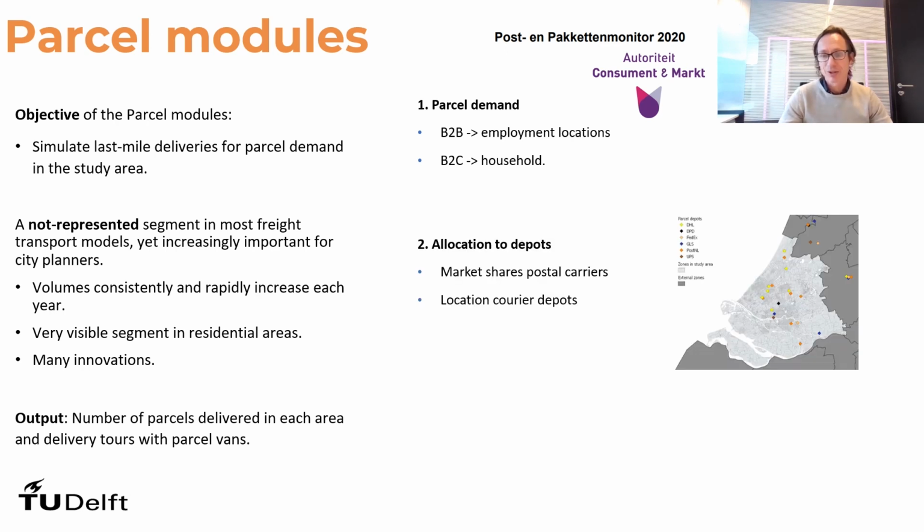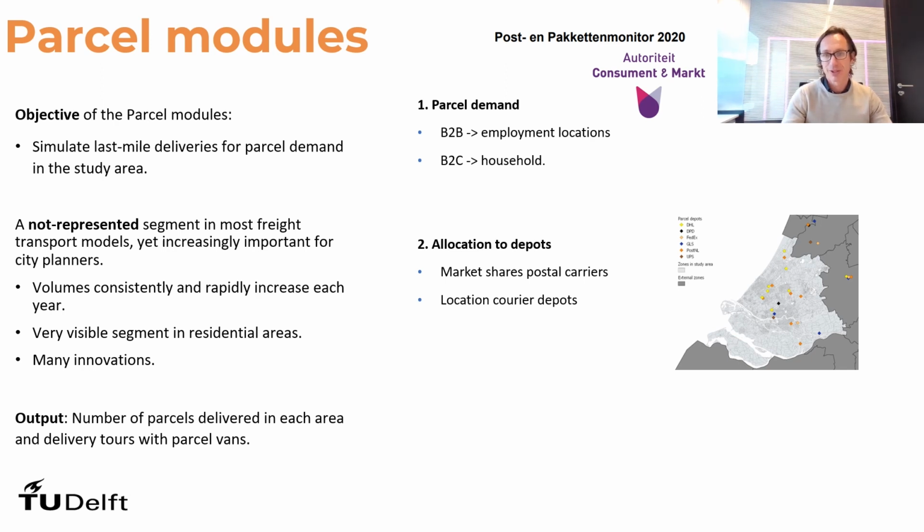Second part: for each parcel we have to assume by which carrier it will be delivered, and also from which depot. From public statistics provided by the Authority for Consumers and Markets, we know the market share of the main carriers in the Netherlands.